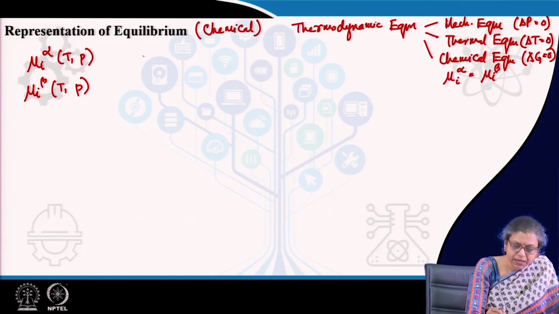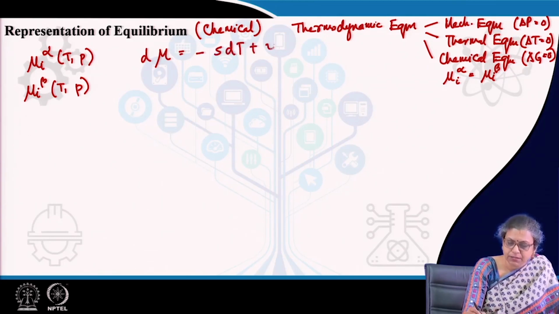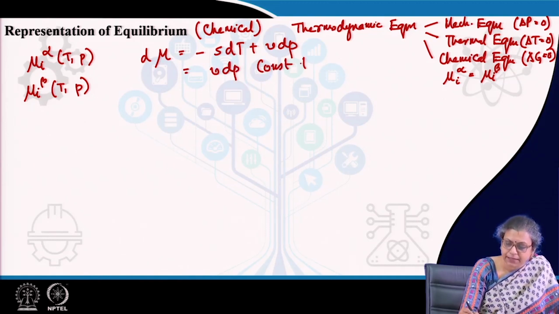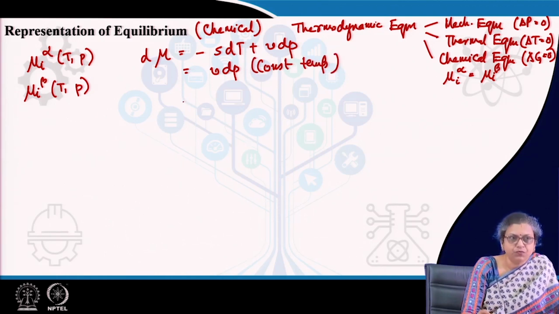Now, you must be recollecting that for a pure component d mu equals minus S dT plus V dP. So at constant temperature, d mu equals V dP.